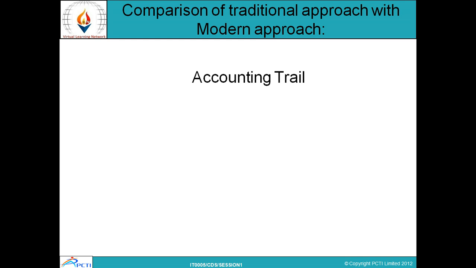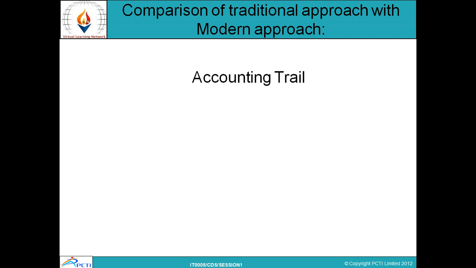In modern approach, what we say, assets account, liabilities account or capital account. This is in a modern approach we say. Coming to real account, we say in traditional is a real account, however in modern approach say is an assets account. Nominal account is again an example of traditional approach, however in a modern approach we say expenses account or a revenue account.